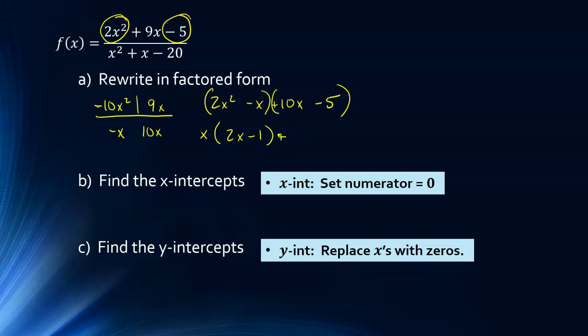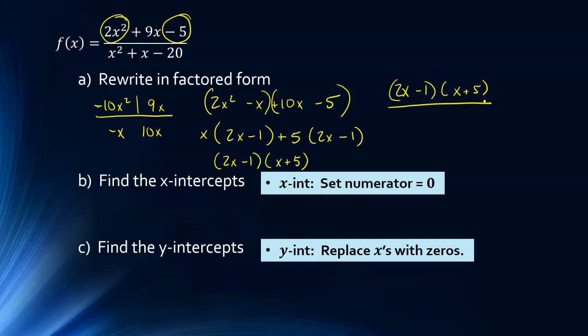Next group, write down a plus, and then those are both divisible by 5, leading us with 2x minus 1. All right, so now the first factor is 2x minus 1. The last factor would be x plus 5, or you could have the factors in a different order. So that's my numerator.